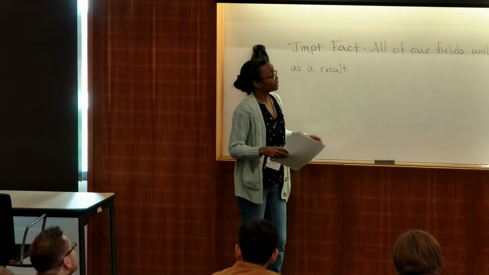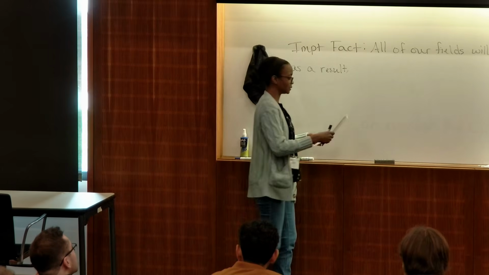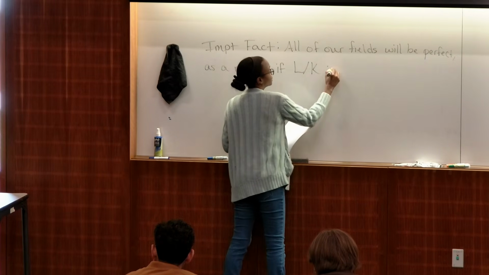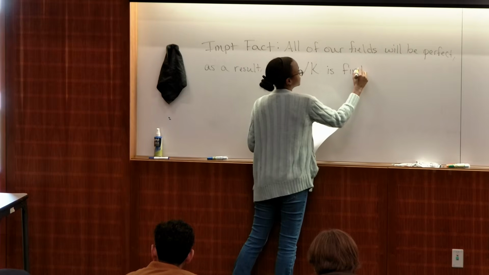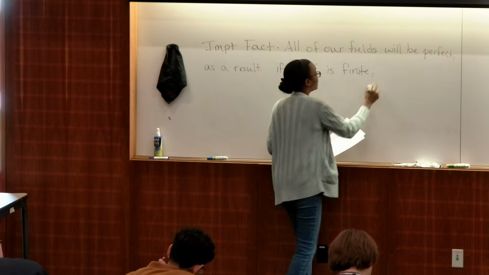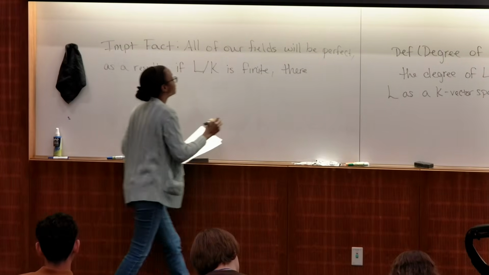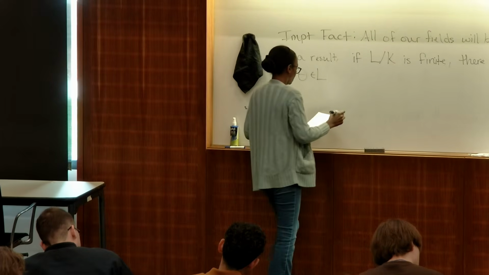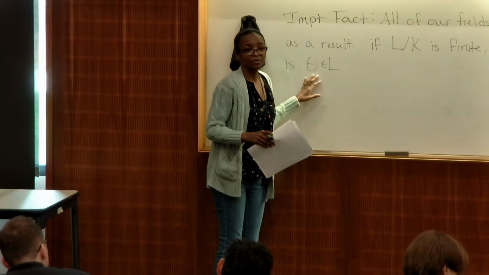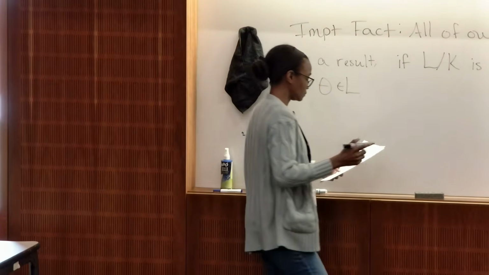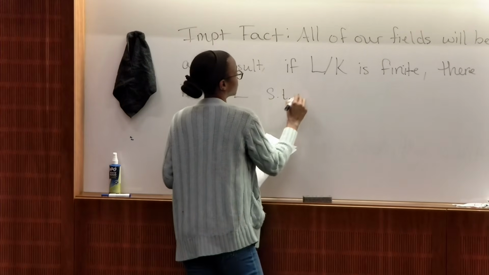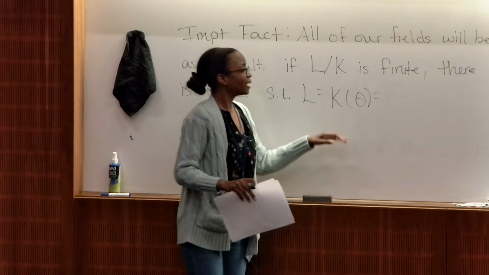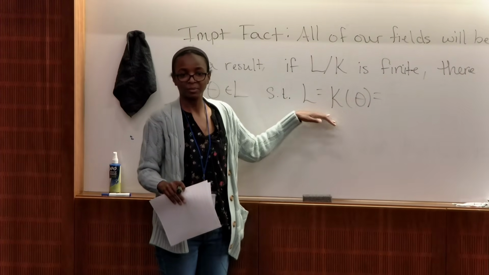So one thing that we get by virtue of the fact that we're dealing with perfect fields is if L over K is a finite extension, then there is some element of L that I can use to work with a very nice basis for L over K. So I can express L as K adjoin theta, and by this, I really mean the smallest field that contains both K and theta.